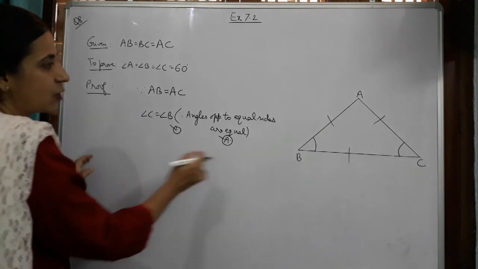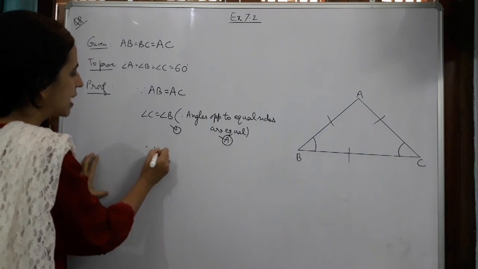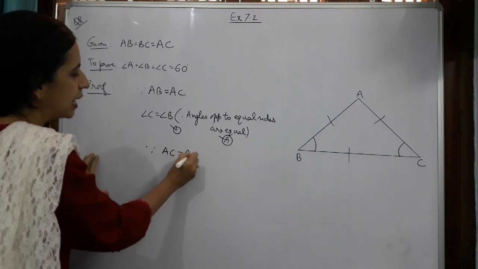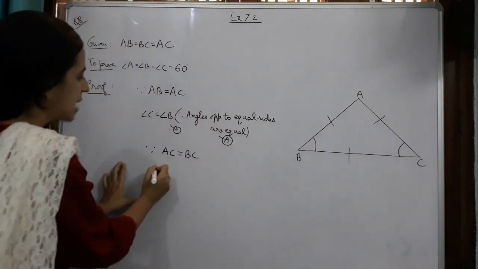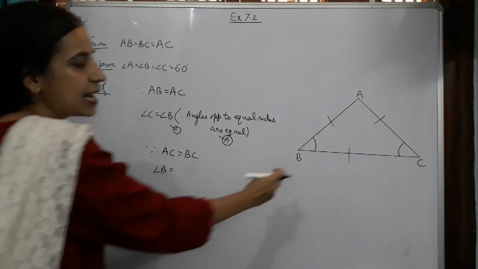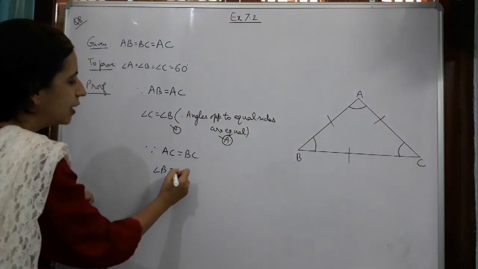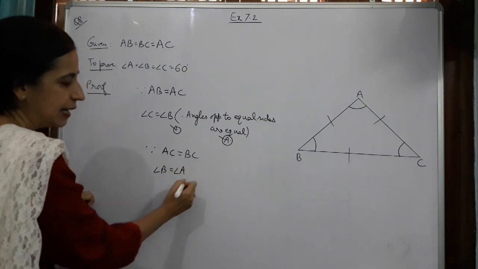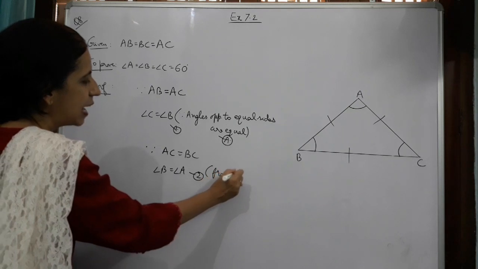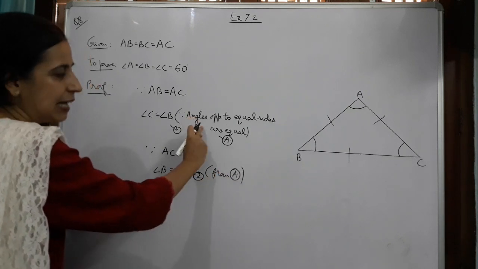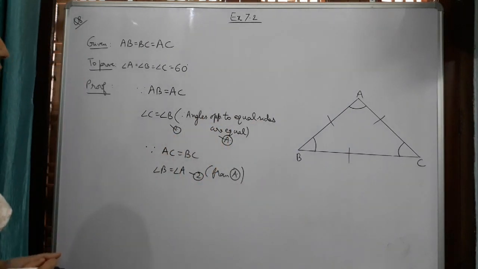Now over here all the three sides are equal, so we can also say that since AC is equal to BC, what is the angle opposite to AC? It is angle B. And what is the angle opposite to BC? It is angle A. So angle B is equal to angle A. Let this be equation 2, and the reason is the same from property A, that angles opposite to equal sides are equal.